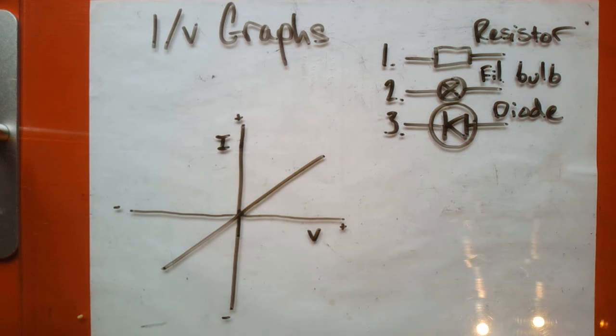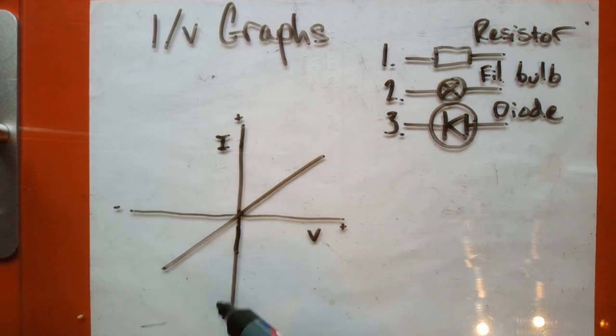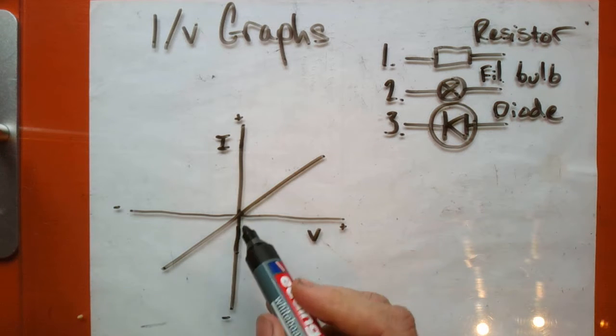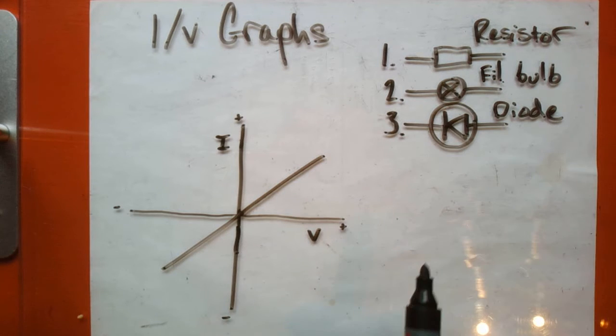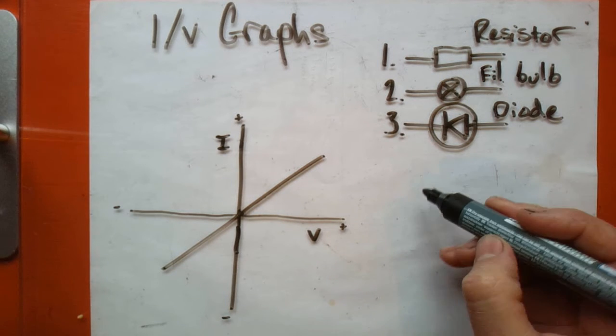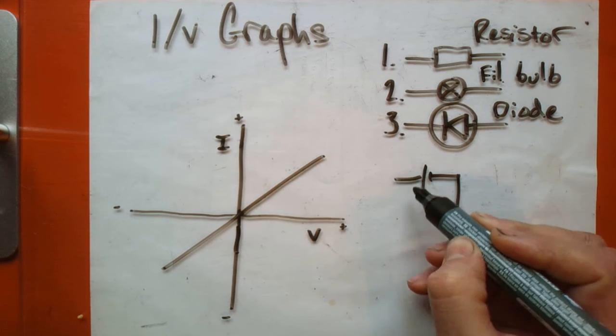The other really useful thing you can determine from this graph is that because it goes in a straight line in this direction, in the negative, this tells us, because there's the same relationship between the current and voltage, that you can rotate this resistor in any direction, either direction of current.